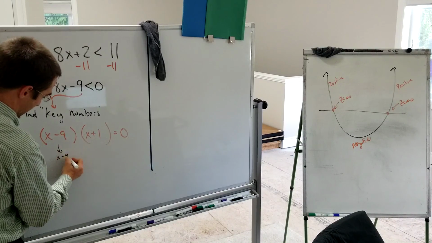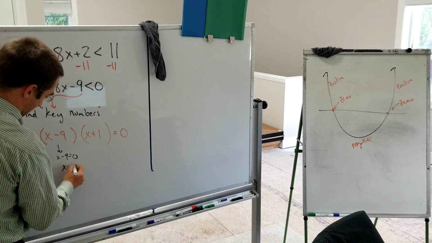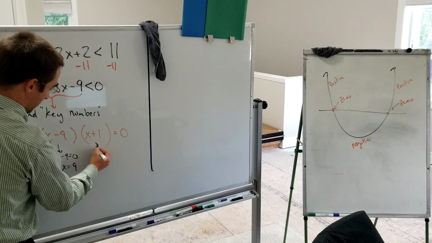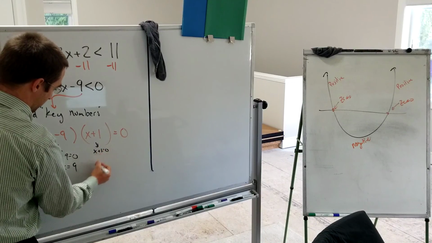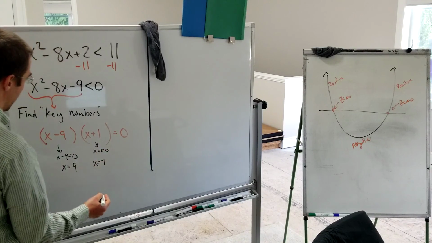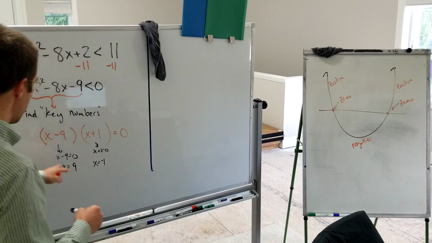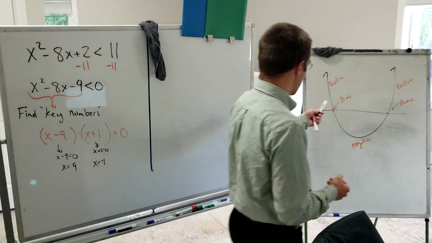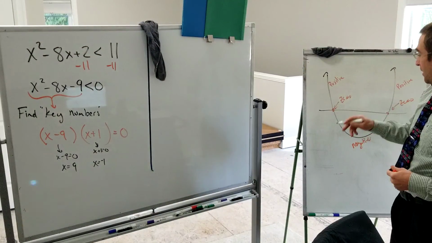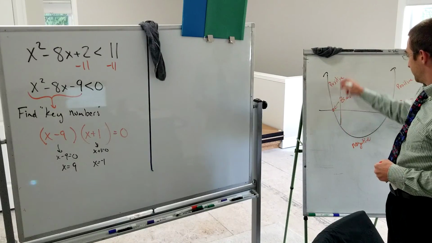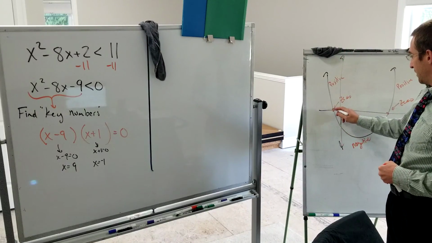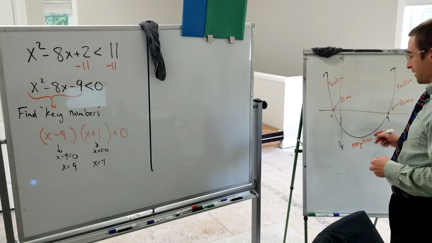When x minus 9 equals 0, so x is 9, or when x plus 1 equals 0, so x equals negative 1. Those are our 2 key numbers, like our x-intercepts. So our graph would cross at negative 1 and positive 9.